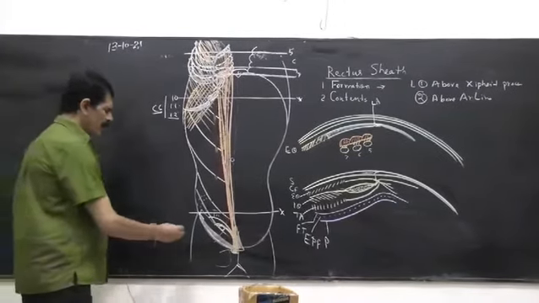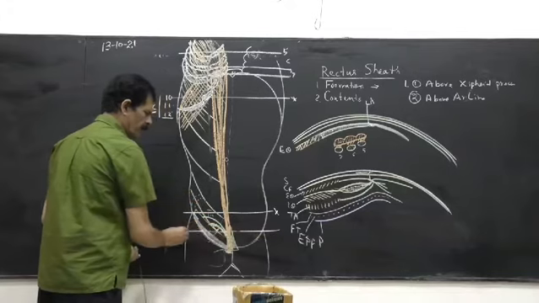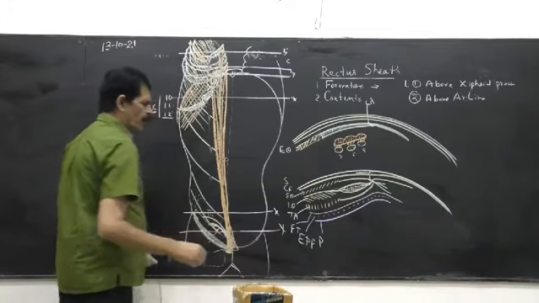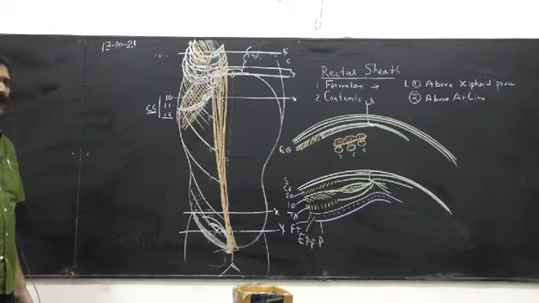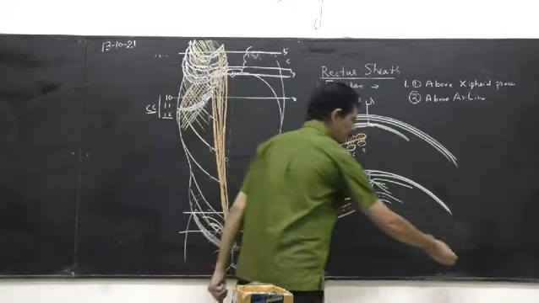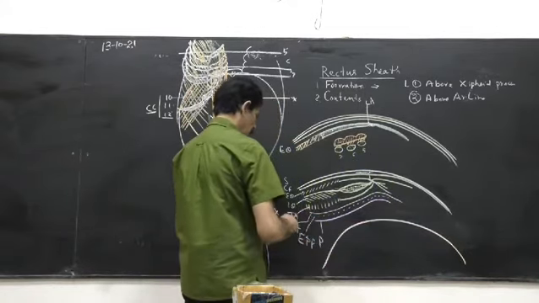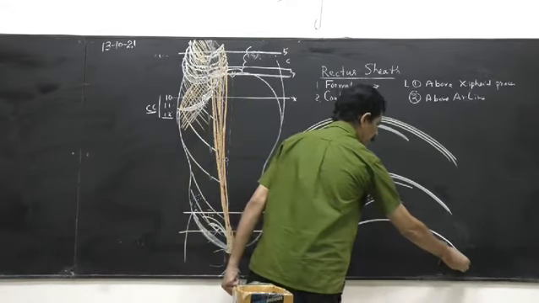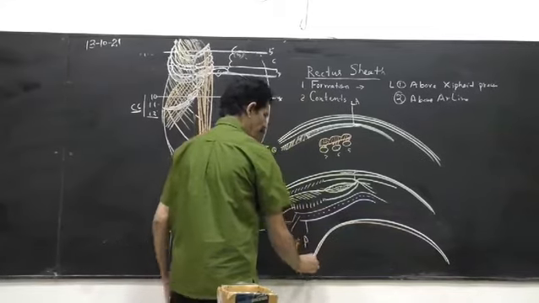Then the third level is the level below the arcuate line. So below the arcuate line is the diagram, how it is seen. It is different. Skin has the same supply, then Camper's fascia, the fatty layer of the abdomen.